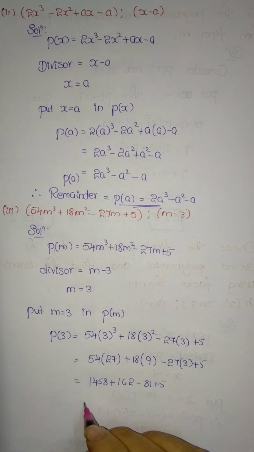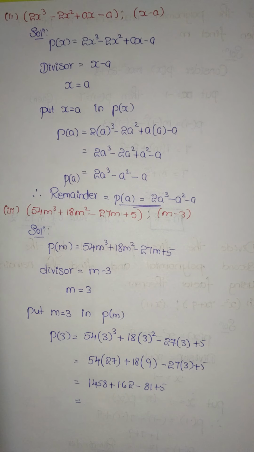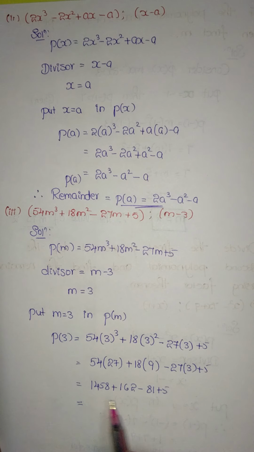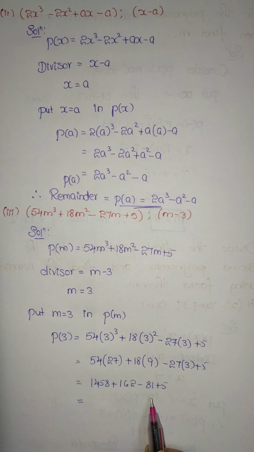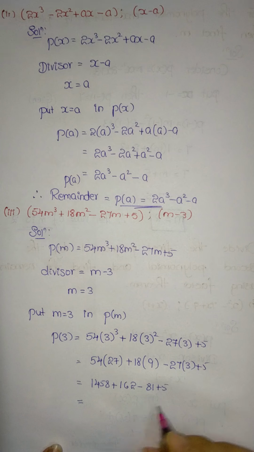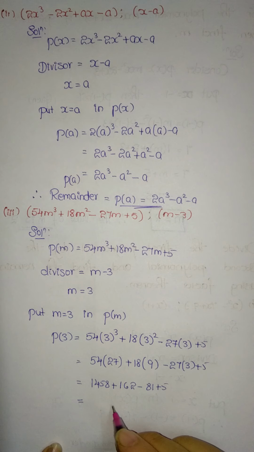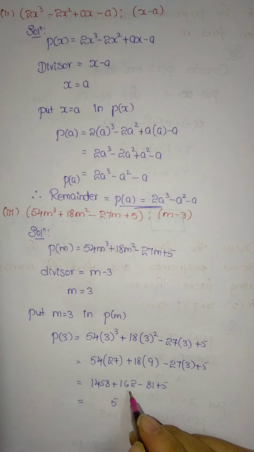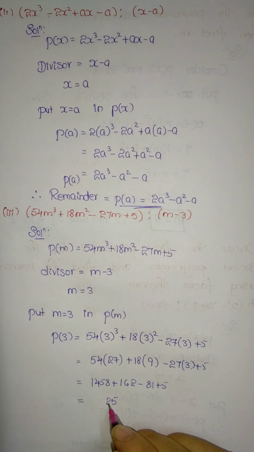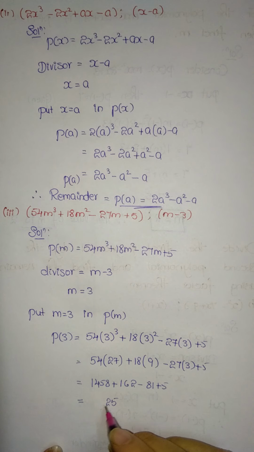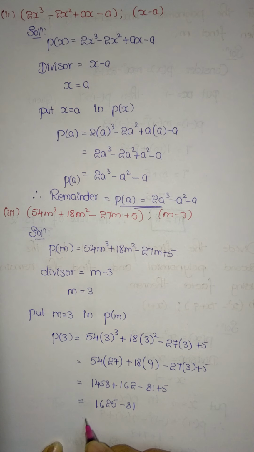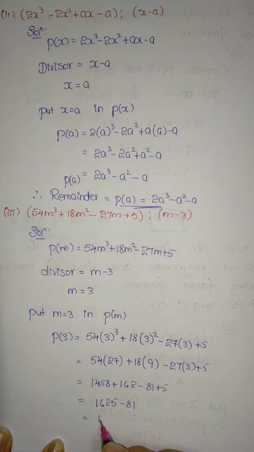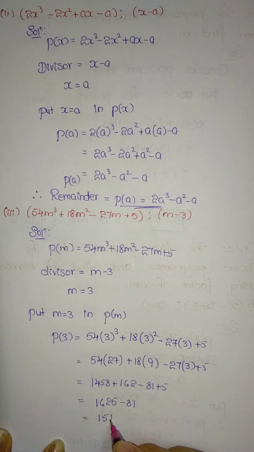So here, which is equal to, add these three numbers, then minus that 81 from that number. So 8 to 10, 10, 15. So 6, 6, 12. 4, 1, 5, 6. So 1625 minus 81. So here it becomes 1544.